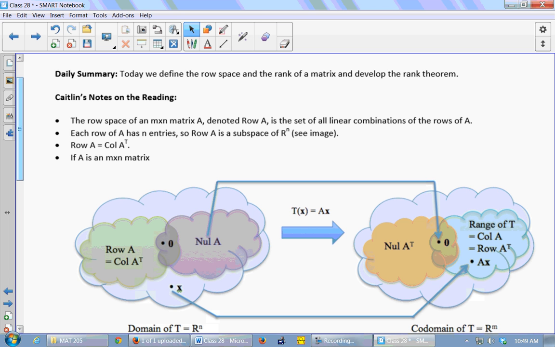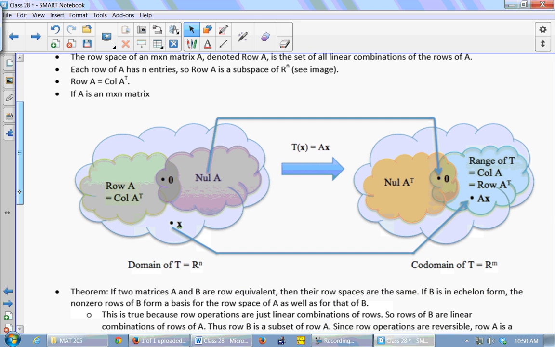So let's take a little look at this picture here. If this is a linear transformation T, this big cloud on the left represents the domain of T, which is Rn. And the cloud on the right represents the codomain of T, which is Rm. So the row space of A is a subset of Rn.